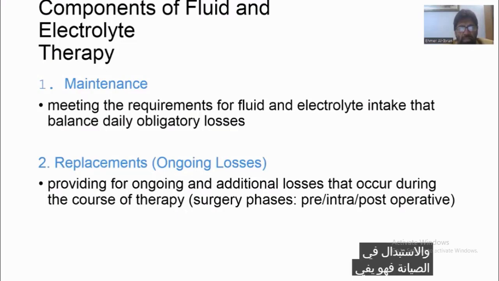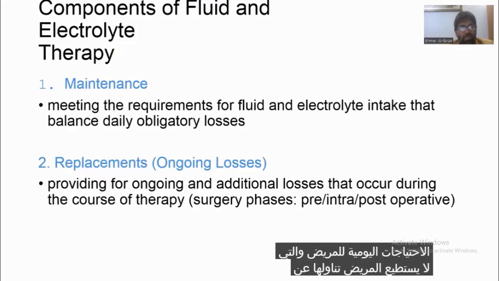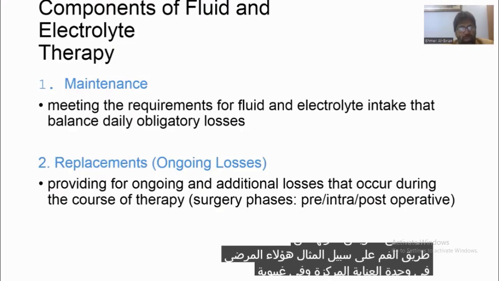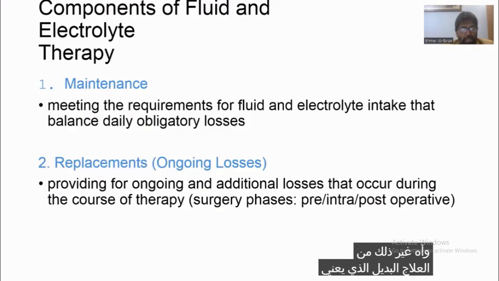In maintenance, it meets the daily balance, to meet the patient's daily requirement, which the patient cannot take orally. For example, those patients who are in ICU and in coma. And otherwise, the other is replacement therapy, that means the ongoing losses.